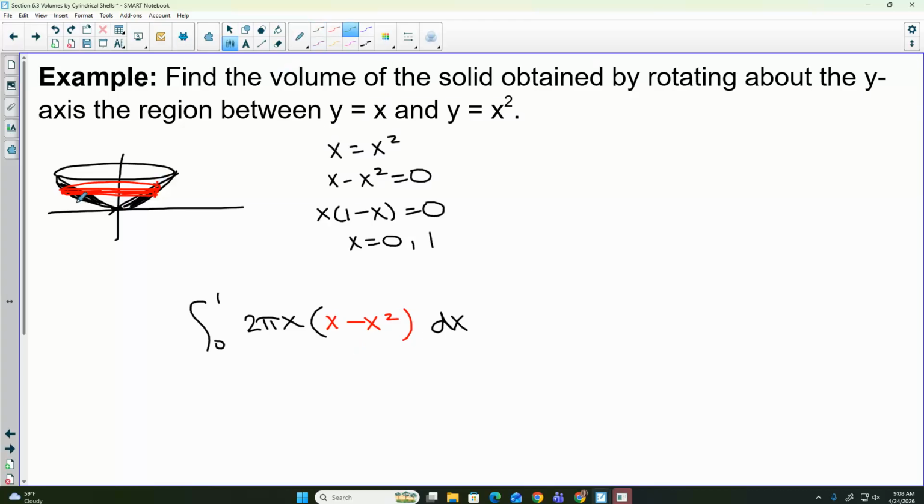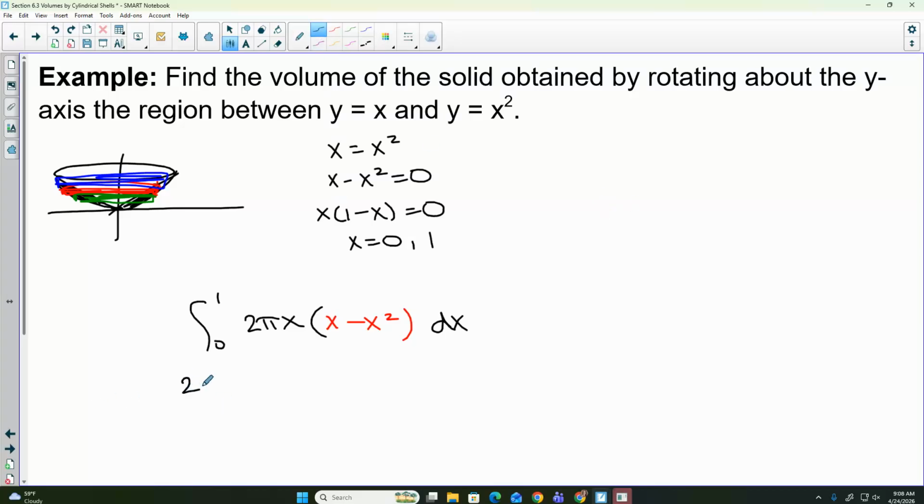If I took a bunch of little shells here, 3-dimensional pieces, and found their volumes and put them together, the height of those is the higher curve minus the lower one. That's why we're working in terms of x. With the washer method, we would probably be working in terms of y, because we would have a clearer high and low point.